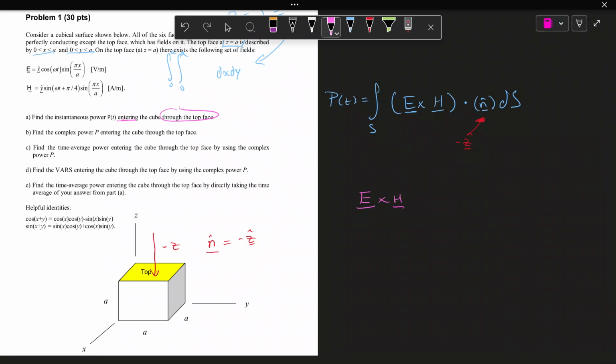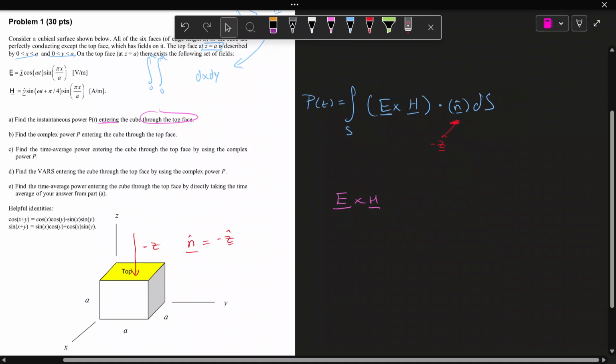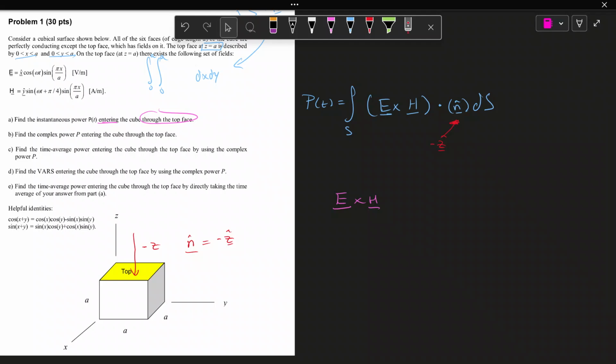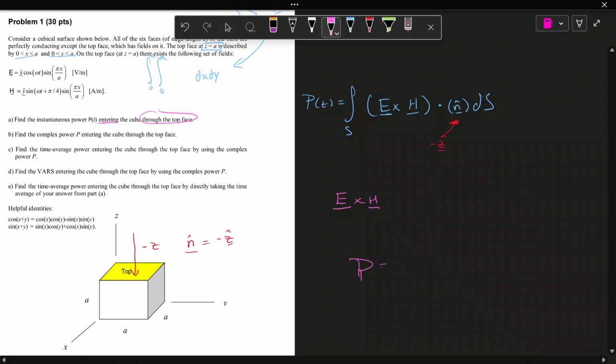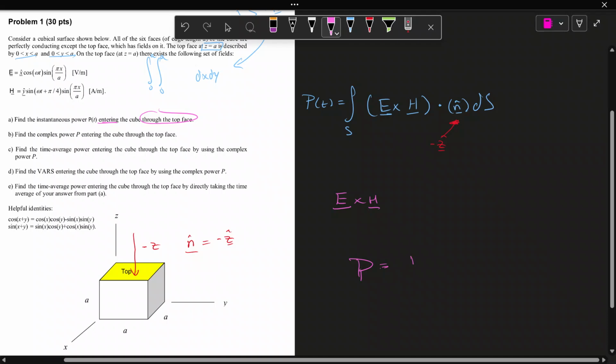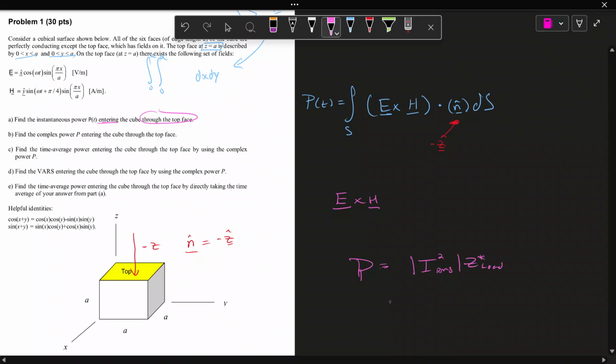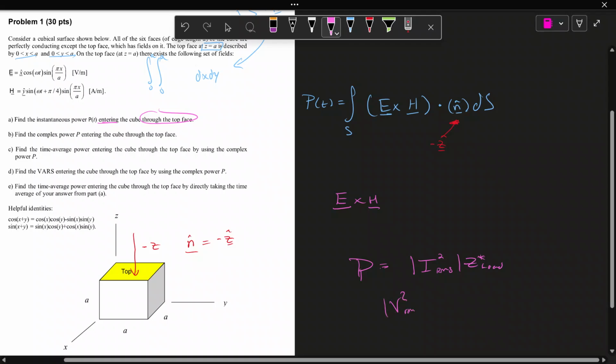This is going to be just E crossed with H. Again, you'll notice when you're doing complex power in circuits 2 or circuits and systems or any power course, you'll see a lot of I squared RMS times Z conjugate of the load, or V squared RMS over Z conjugate of the load. This one I definitely know. We used this so much this last exam for circuits and systems.